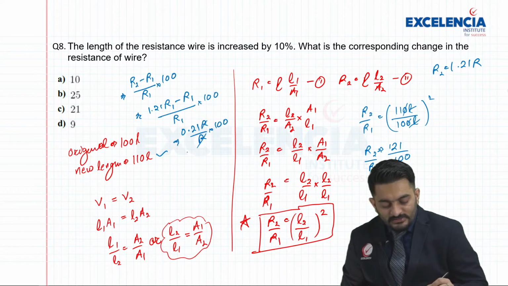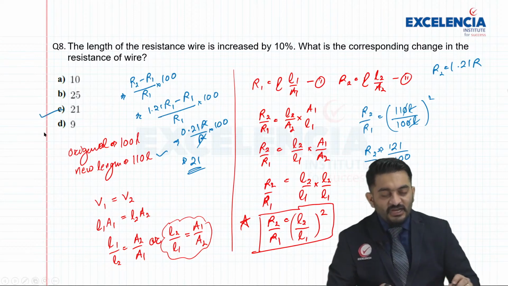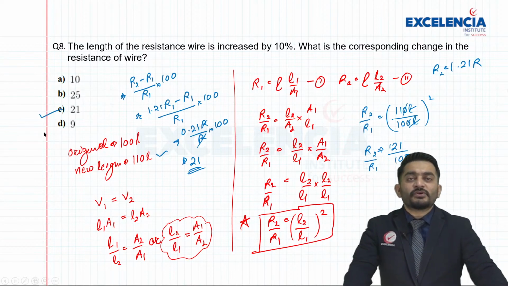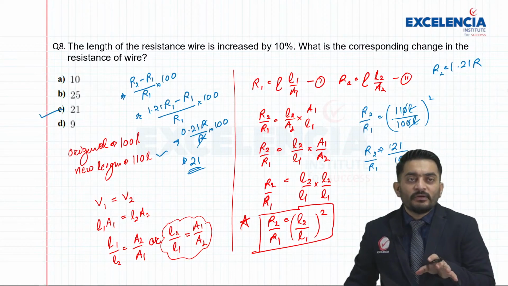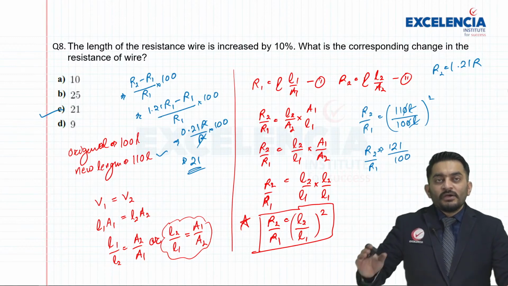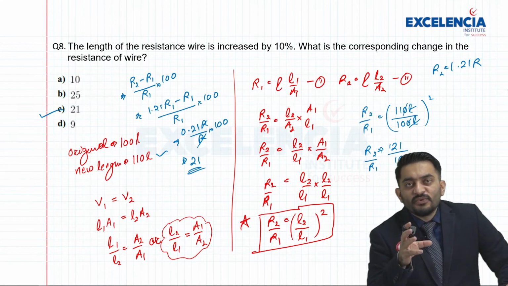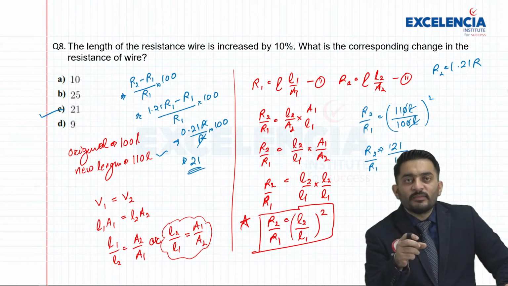Your R and R get cancelled. You simply get that 21% is going to be the change in your resistance which you are going to observe for this particular wire, for which you have changed the length by 10%. So the red part is something which you should know. There is no need to waste time showing this particular calculation to the examiner.